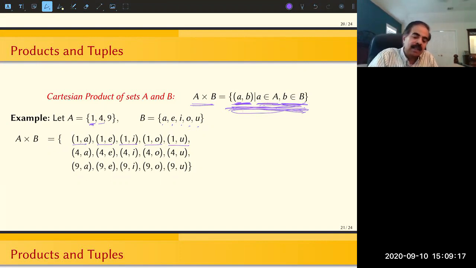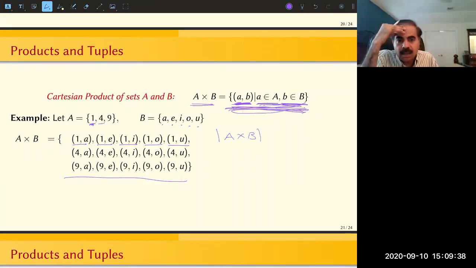At this point, we are done because we have gone through all possible combinations. So can you tell what is the size of A cross B?